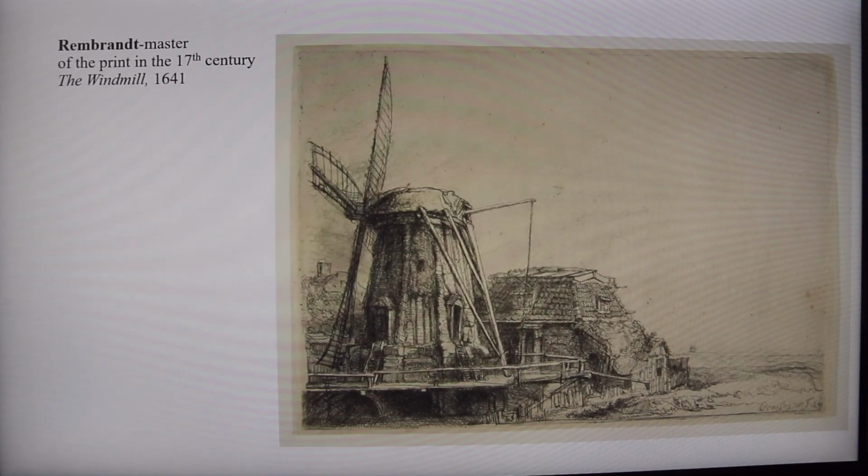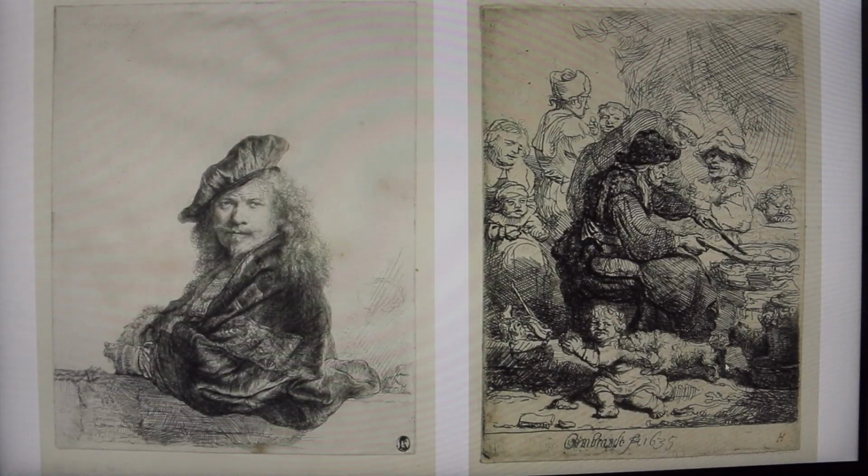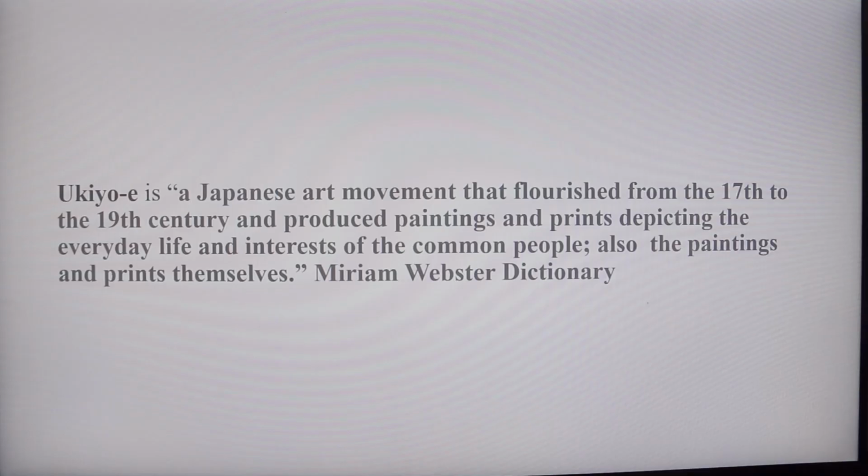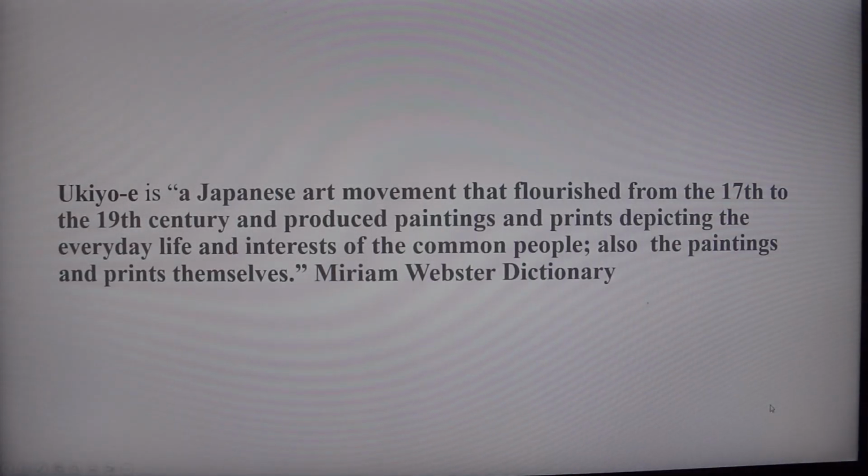In this century as well, and this is all Rembrandt's work, fellow artists became very interested in looking at Japanese art. That's heavily influenced in the West, and certainly by the 19th century, huge in the West.